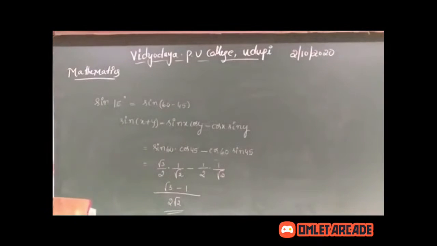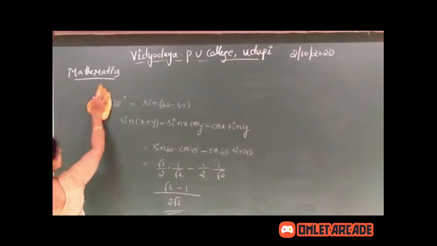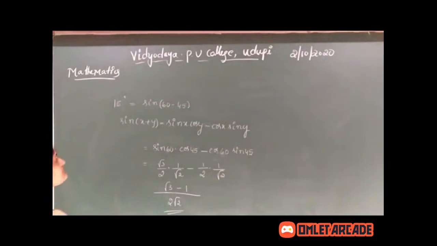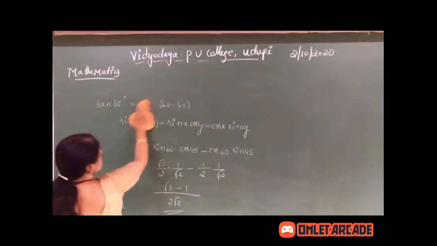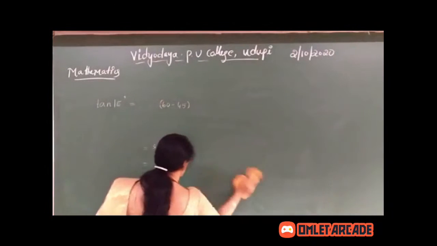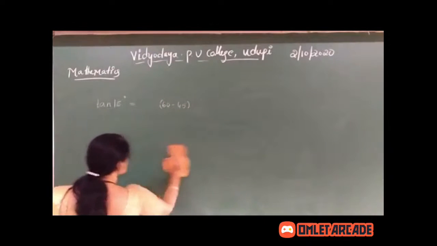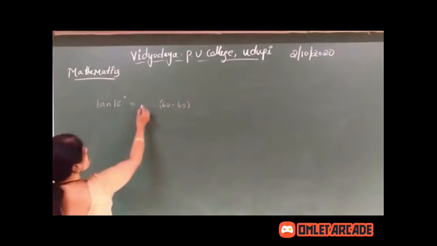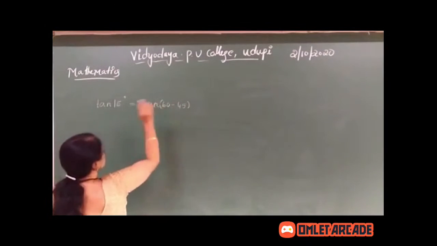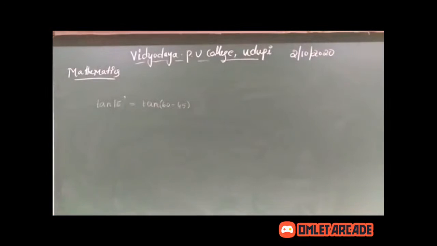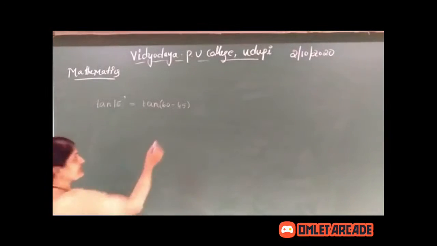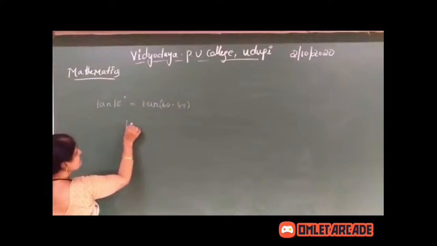Now the same type can be applied even for cos, tan and all, because we know the formulas of all these. So now, can we get tan 15 from this? Check it. Tan 15 degree. How to get it? It is tan(60 minus 45). So what is the formula we have?